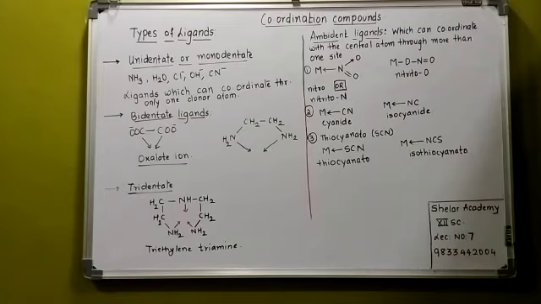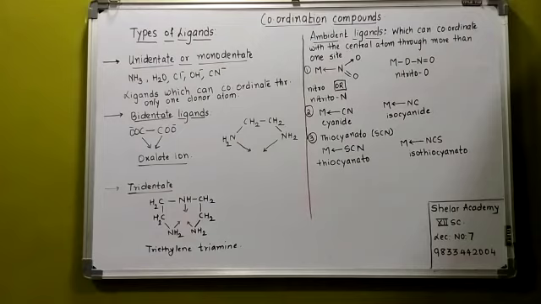So what do you mean by ambident ligands? The monodentate ligands which can coordinate with the central atom through more than one site. For example, see, we have written here nitrito. There the attack is from N, so it is written as nitrito-N because the attack is from N. You can see on the right hand side, the first example, nitrito-O, meaning the attack is from O. Next example, cyanide and isocyanide.